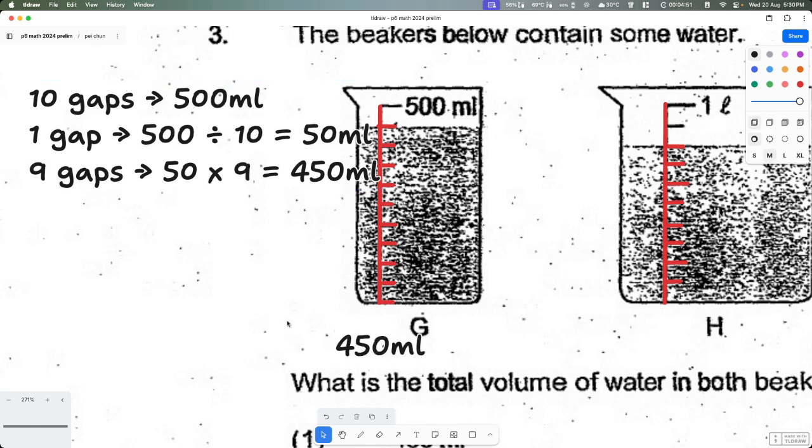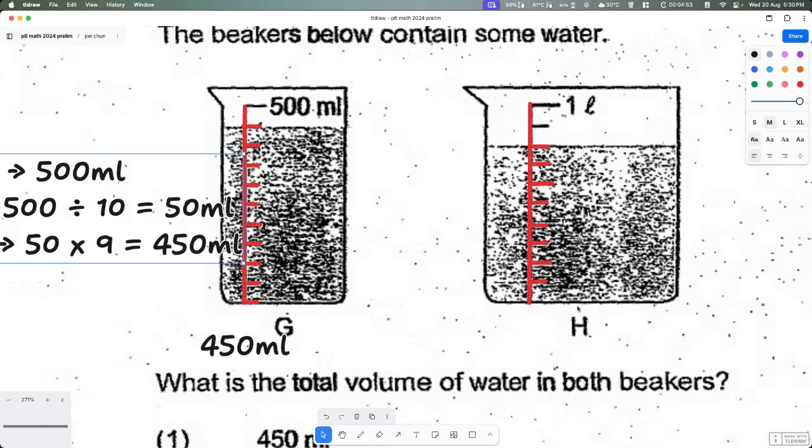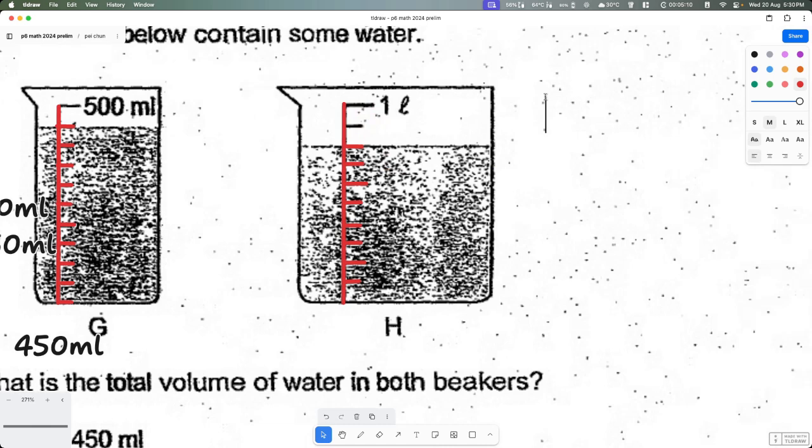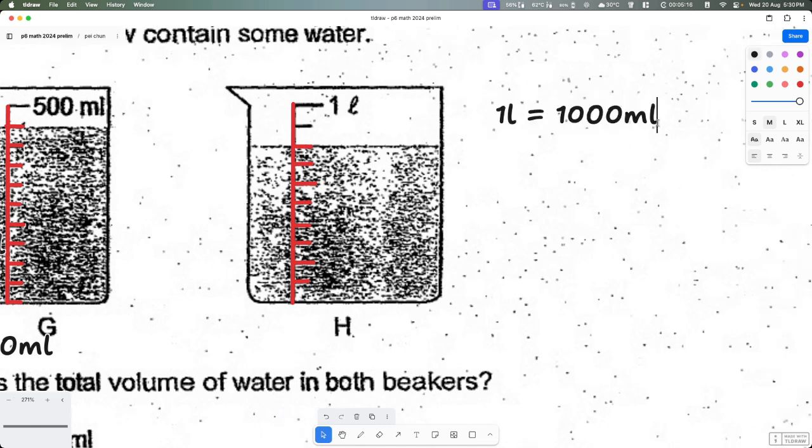Now the next one, we want to get the height of this. Number of gaps again: 1, 2, 3, 4, 5, 6, 7, 8, 9, and 10. Same thing over here. 1 liter is equal to 1000 ml, so 10 gaps is equal to 1000 ml.